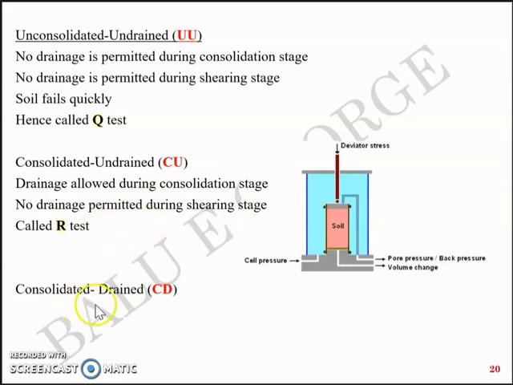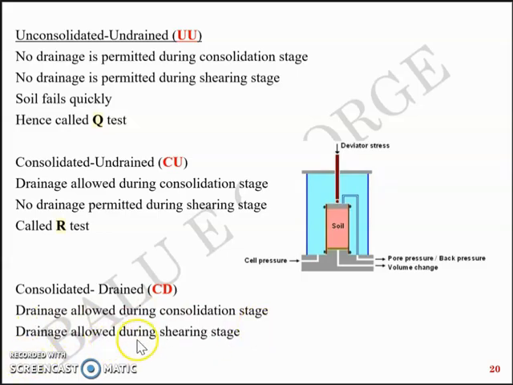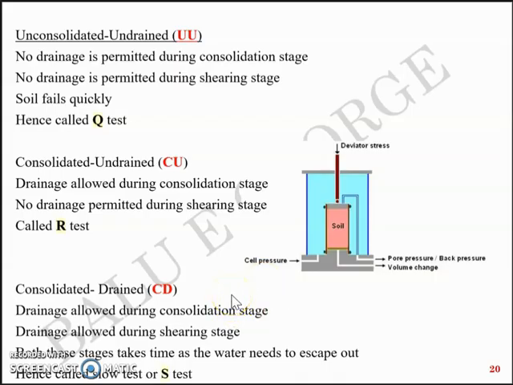Third test is a consolidated drained test or CD test, where drainage is allowed during consolidation stage and drainage is allowed during shearing stage as well. Both of these stages take time and the water needs to escape out. So it's called a slow test or an S test.